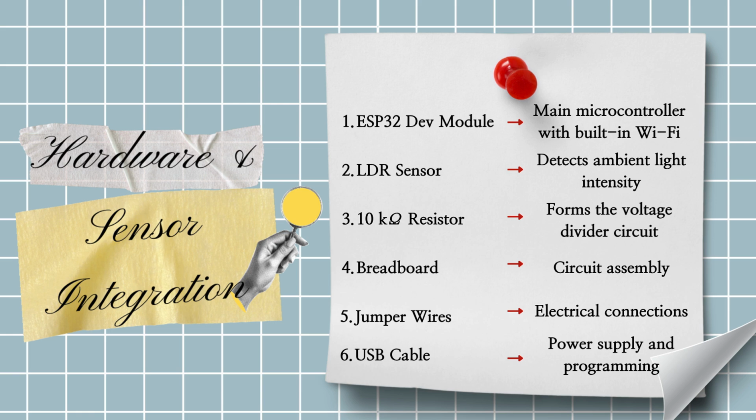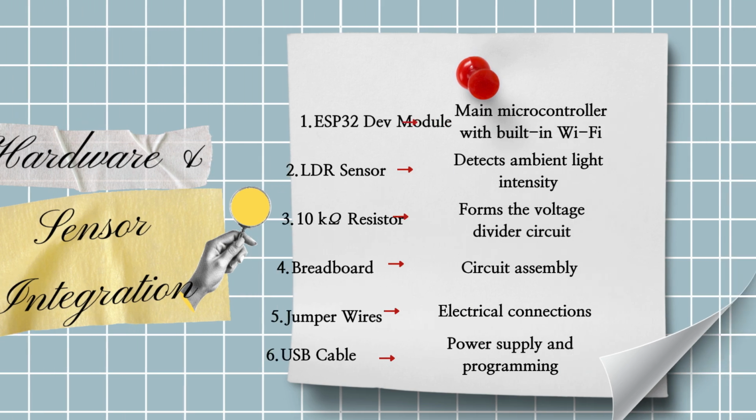We also use a breadboard to build the circuit and jump wires to connect all the components. Finally, the USB cable is used to power the ESP32 and upload the program. All these components work together to measure light intensity and display the data on the online dashboard in real time.